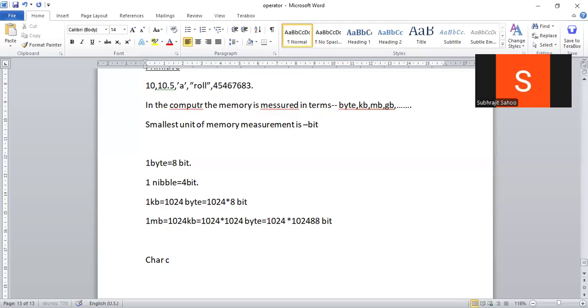So give the heading here: storage capacity of data types. Storage capacity of data types, right? I will make one tabulation here so that it will be easy to understand.